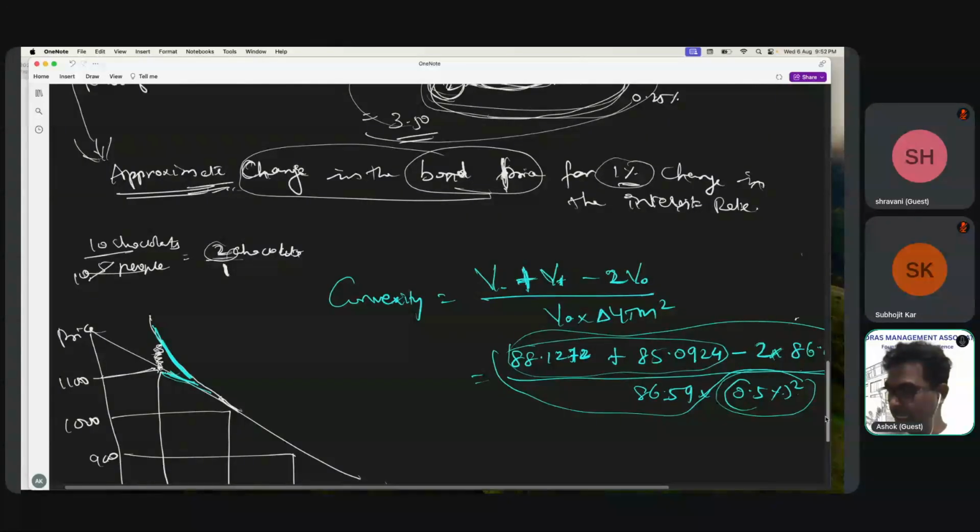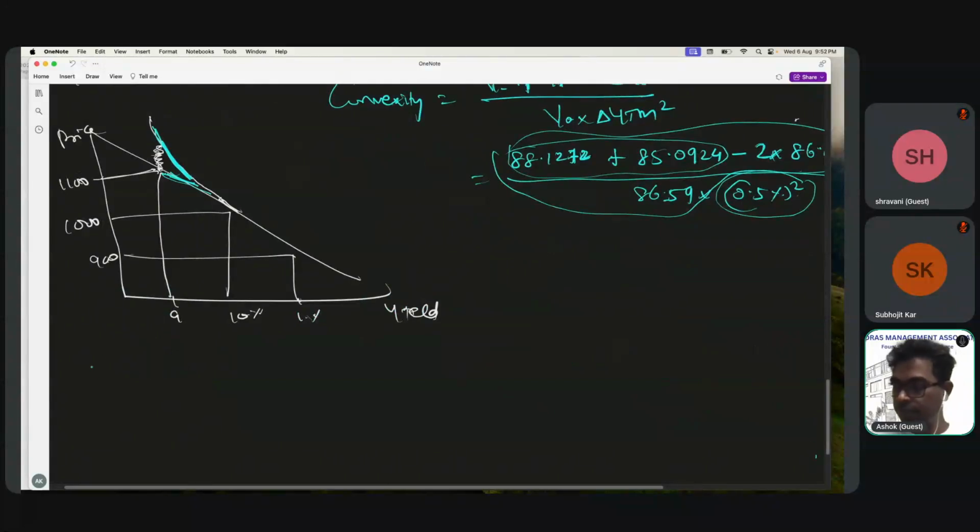For example, if milk's price is going up, butter's price is going up too.